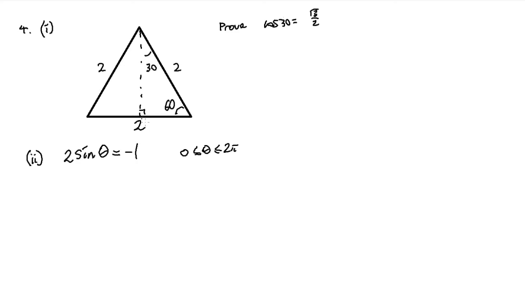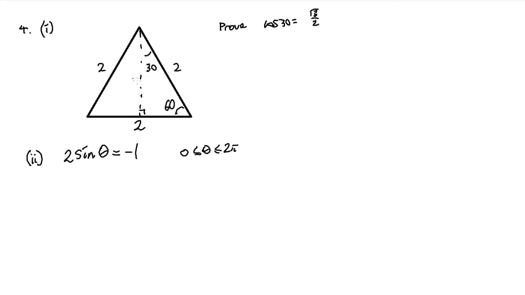And this is 90 because of base opposite angles equal for an isosceles triangle, that's the word.